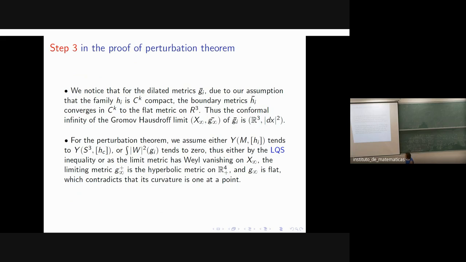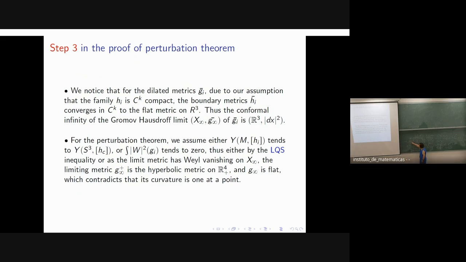Okay. So in the case of the perturbation theorem, this can be reached because we have the assumption of the perturbation theorem. We assume this Yamabe constant is a perturbation of the constant in the neighborhood of the standard metric. So passing to a sequence, the Yamabe constant will tend to Y of S3 by this inequality.